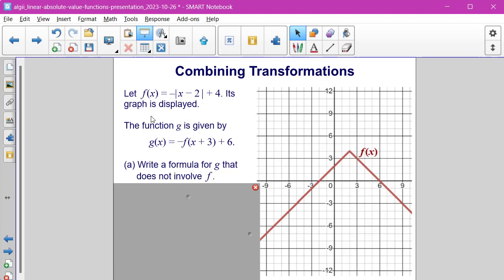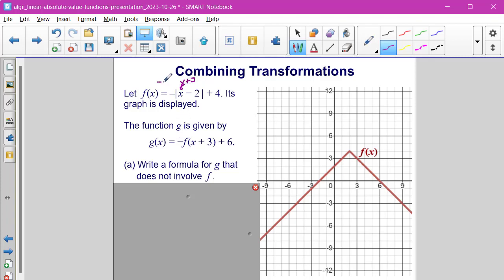So we're going to begin by writing f of x is equal to negative, and then we're going to have in brackets this entire function, and then wherever an x occurs, we're going to substitute in an x plus 3, so that's going to go in here.